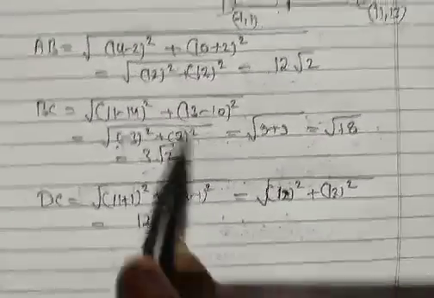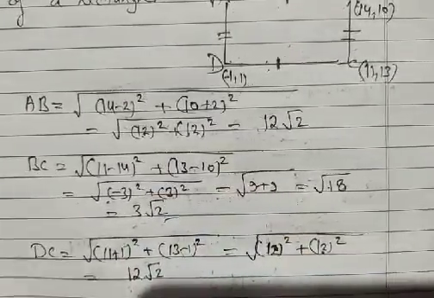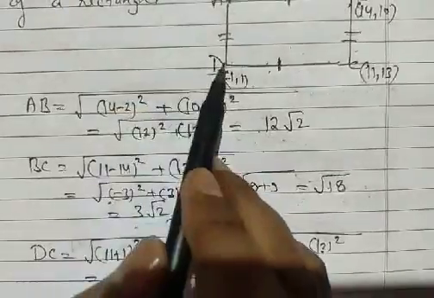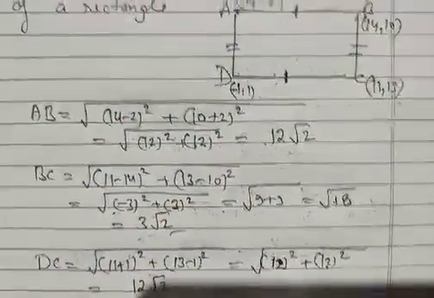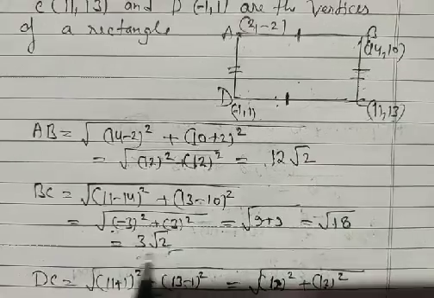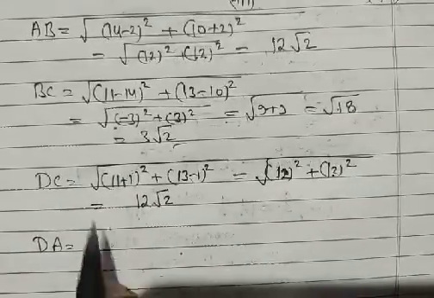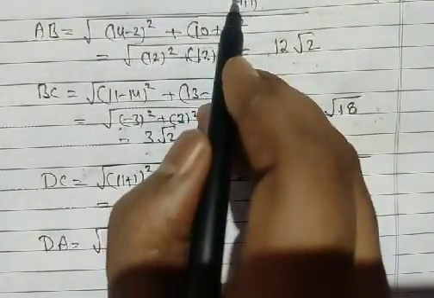Now we are going to find out DA. It's clear that the error is not here, because our DA must be equal to BC. What do we get?